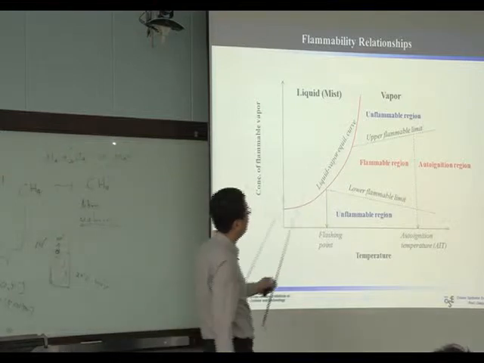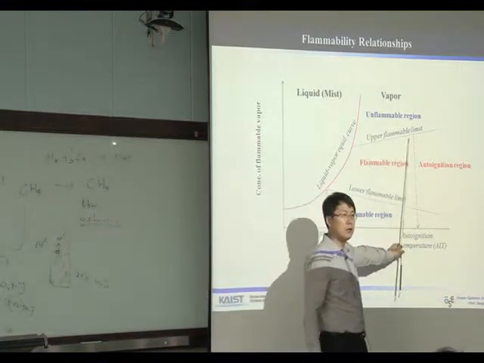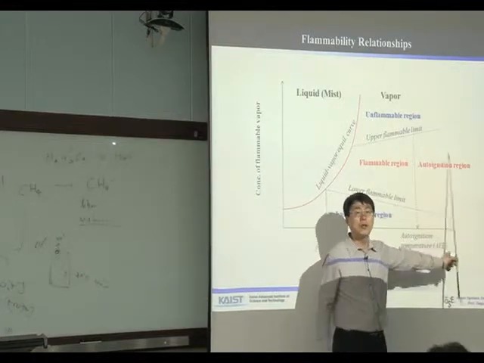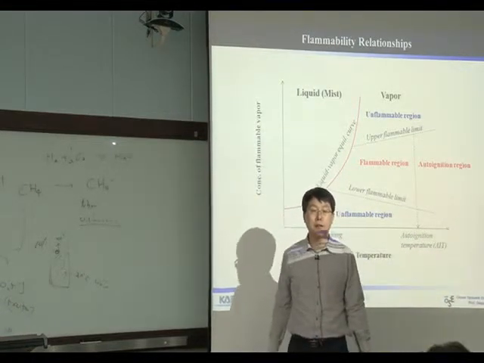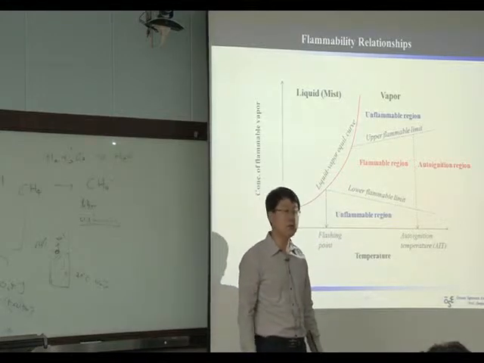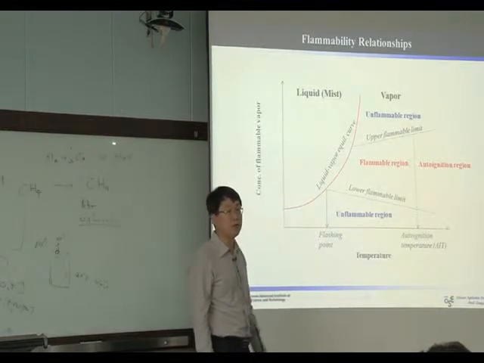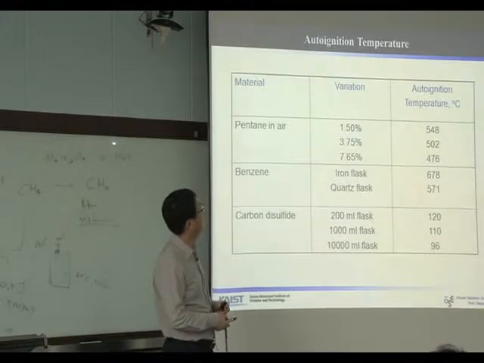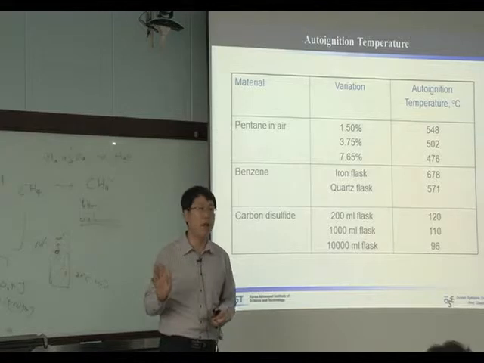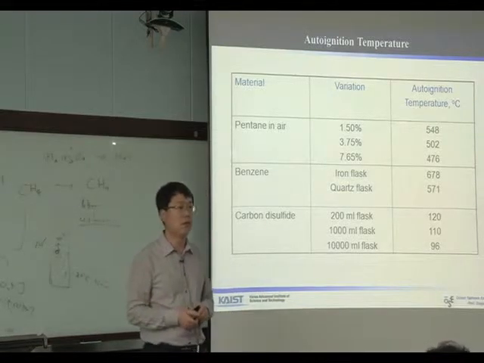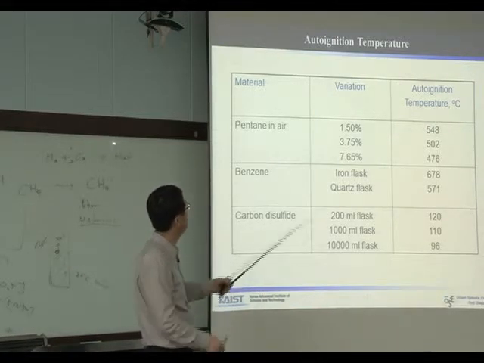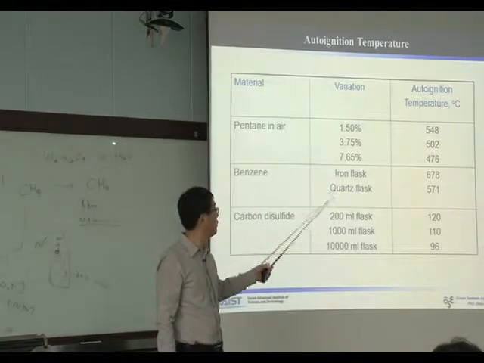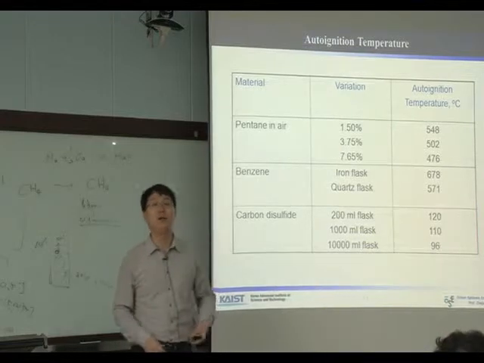So we have auto-ignition temperature here. So above the auto-ignition temperature, we don't need any external ignition sources to initiate the reaction. The auto-ignition temperature depends on many factors, like the concentration, the containment material, and the size of the cloud.